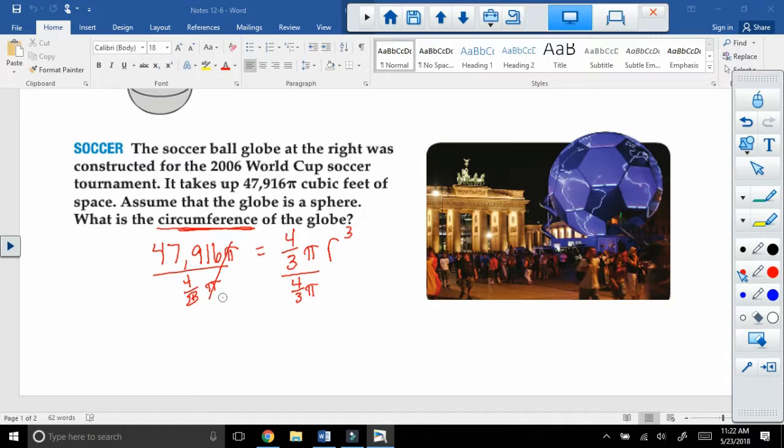If you don't want to divide by that fraction, you could always multiply by the reciprocal. So if you do 47,916 times 3/4, or just divide by 4/3, doesn't matter, you get 35,937 equals the radius cubed.